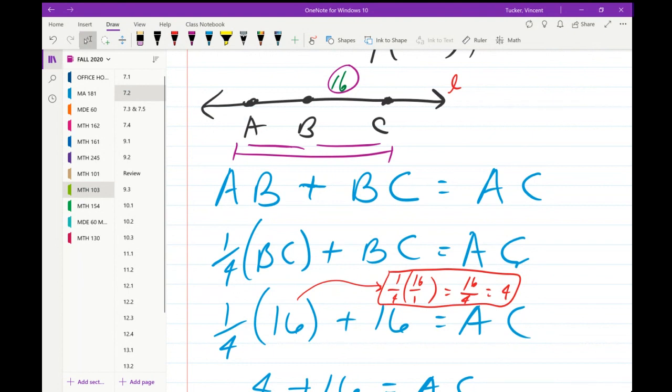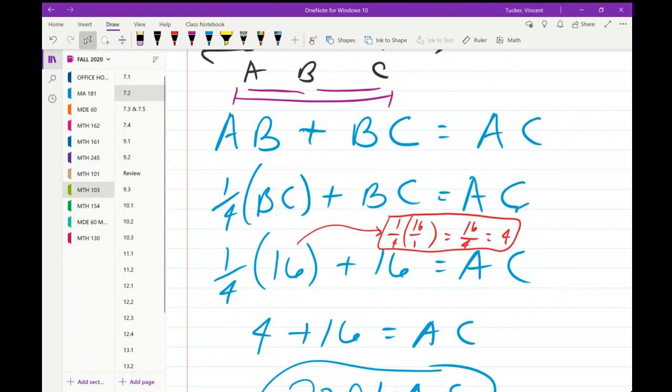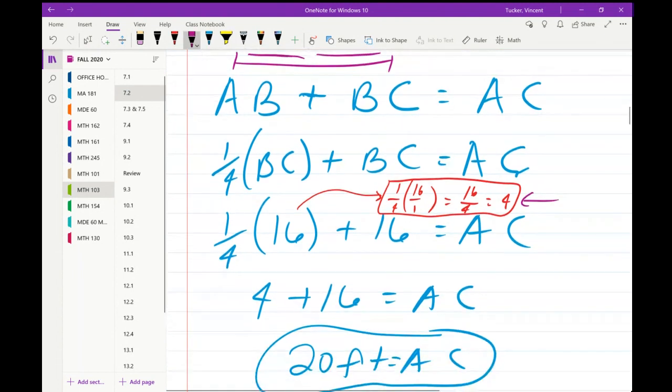1/4 of 16 is going to be 4. And here in the red, you see how we went about doing that. 1/4 of 16 is the same thing as 1/4 times 16 over 1, multiply across, that'll be 16 over 4. 16 divided by 4 is 4. And then 4 plus 16 is 20.